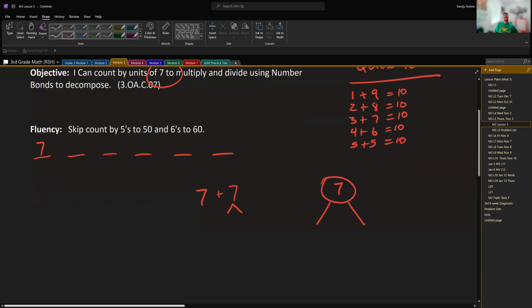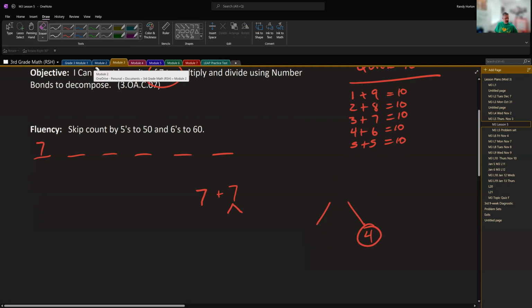I can break that 7 into 2 smaller parts, such as a 3. Then I ask myself, what is the other number that I add to 3 that's going to give me the 7? And that's 4. So think of making change. Maybe you got $7 and you're going to split that between 2 people. Well, $3 going to you means I got 4 left to give to the other person.